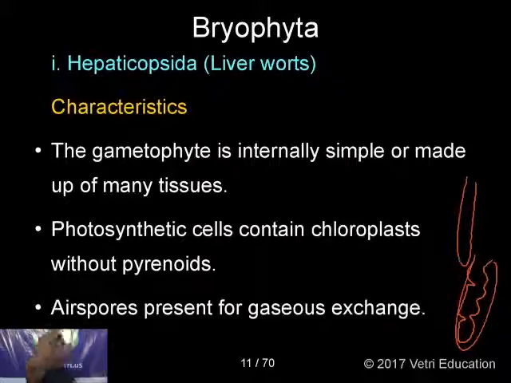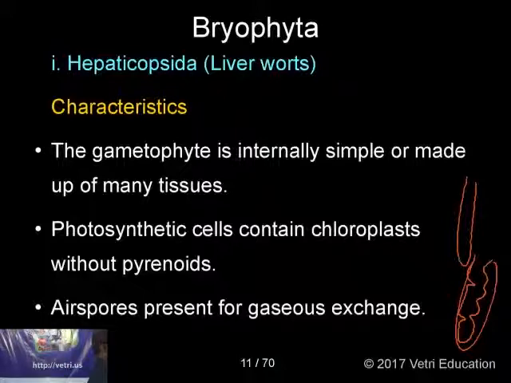Next, the gametophyte is internally differentiated. In this Hepaticopsida, the internal tissue of the thallus is differentiated into a photosynthetic region and a storage region. Photosynthetic cells contain chloroplasts without pyrenoids, and air spaces are present for gaseous exchange.